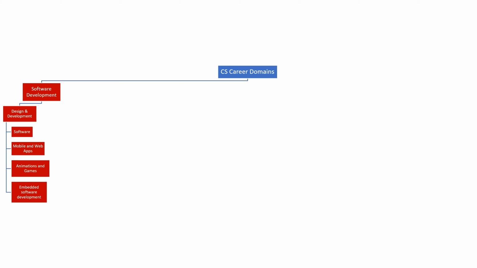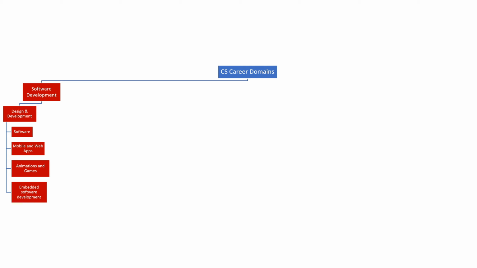When I say embedded software development, I'm mainly talking about software you write for system level software, for example firmware for specific electronic devices. Nowadays we have a lot of cars and automobiles with an inbuilt electronic system, and it has its own software associated with it. So this completely falls under hardcore software development.